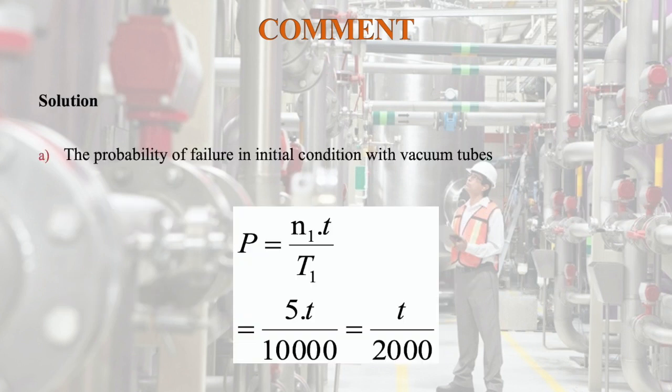Solution. You can see that the probability of failure in the initial condition with vacuum tubes is P1 equal to N1 into small t by big T. That is equal to 5 into T by 10,000, that is equal to T by 2000. This is for the first system.